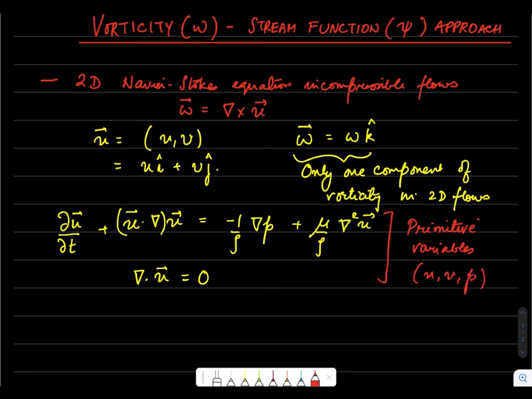What we'll do in this method is convert this set of equations into equations in two variables, the vorticity and stream function, thereby reducing the number of equations from 3 to 2.